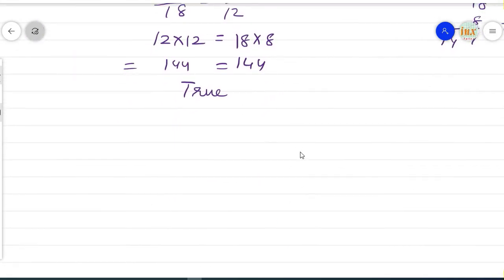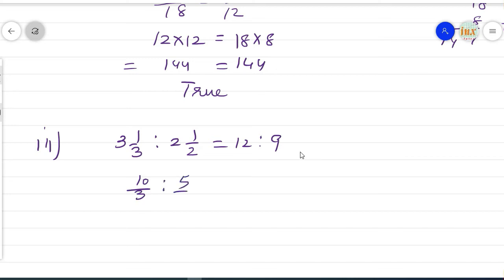Now take the third part. In the third part, we have 3 1 upon 3 in proportion to 2 1 upon 2, is equal to 12 is to 9. So 3 3s are 9 plus 1, this becomes 10 upon 3, and 2 1 upon 2 becomes 5 upon 2.